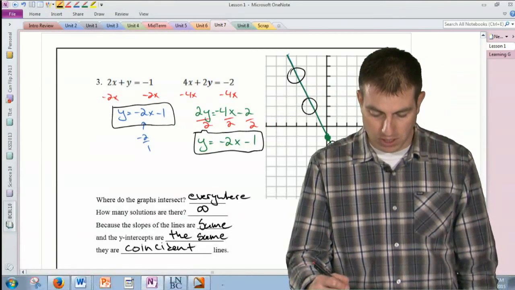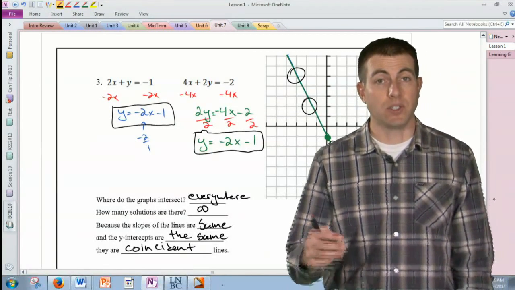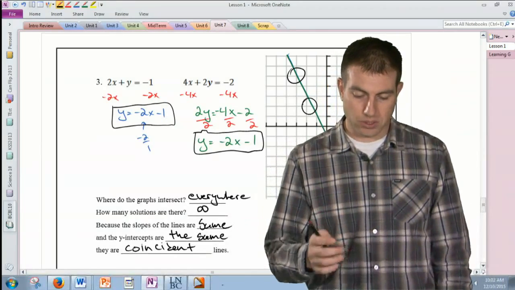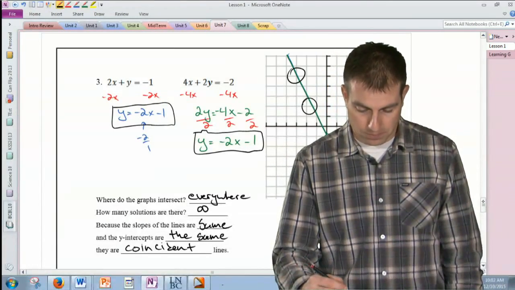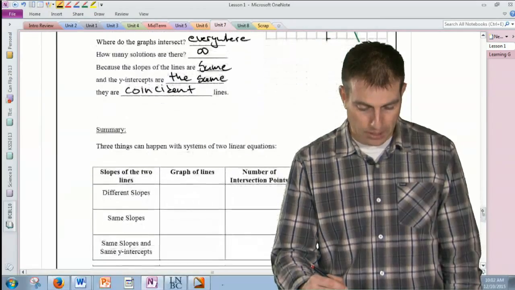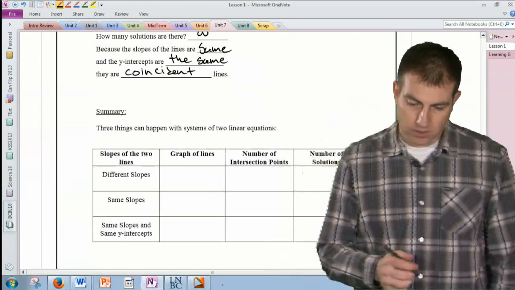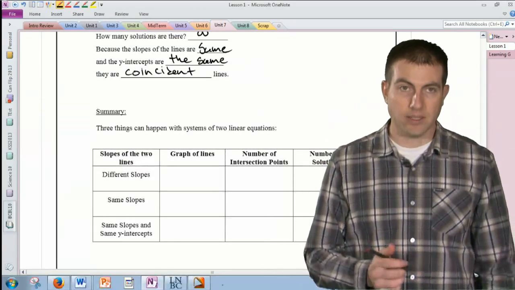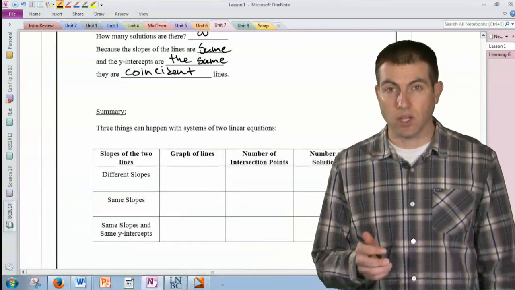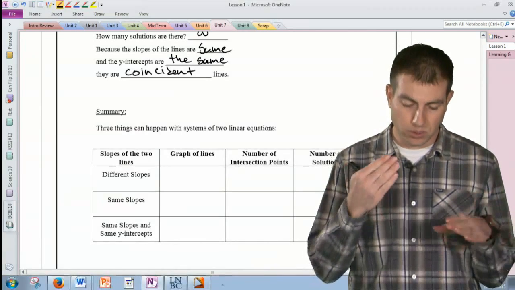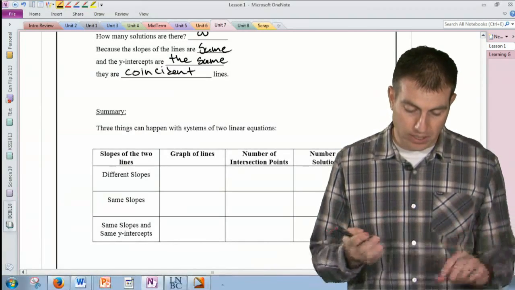So I mentioned at the beginning of the lesson that there was going to be 3 scenarios we'd run into. We've seen all 3 scenarios now. So let's put them in a little chart and maybe just summarize them. So slopes of the lines, the second we have different slopes, we're going to have exactly one solution.